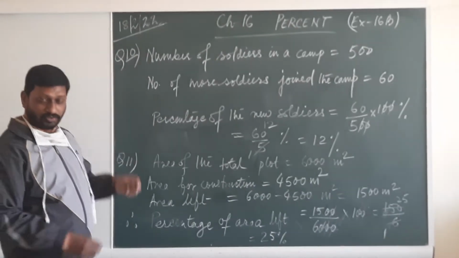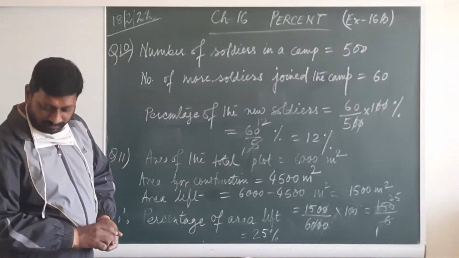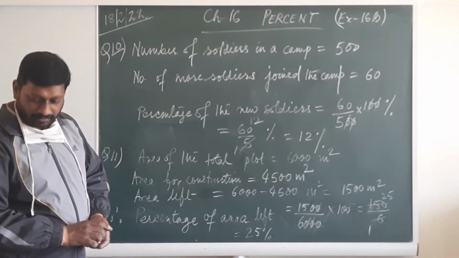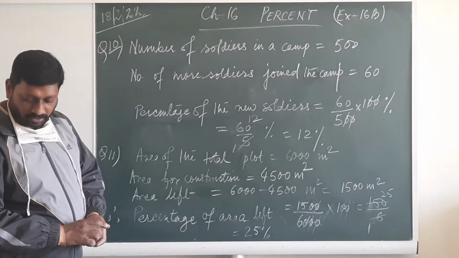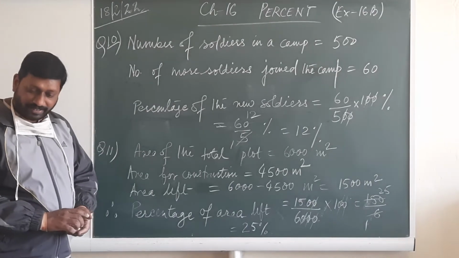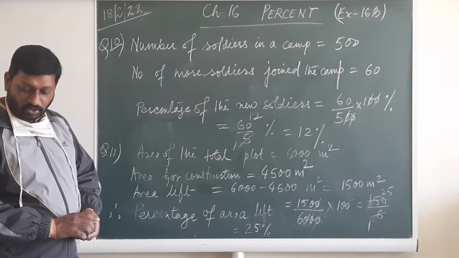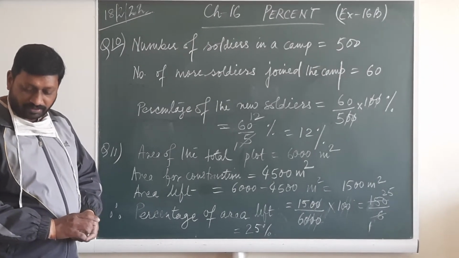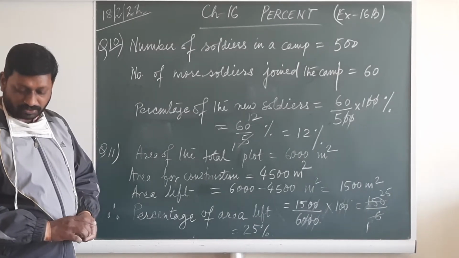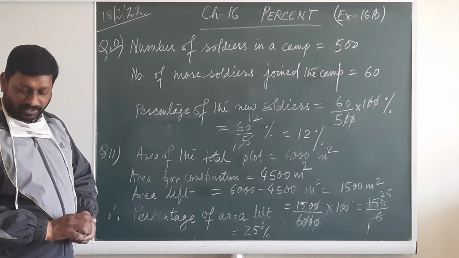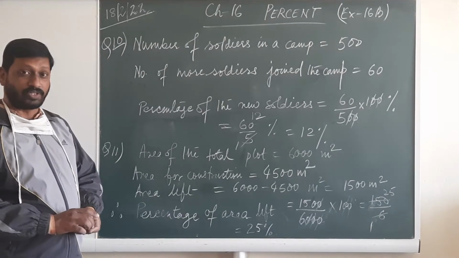Now we will move on to the next question, that is question number 11. In a plot of ground of area 6000 square meter, only 4500 square meter is allowed for construction. What percentage of area is to be left without construction?